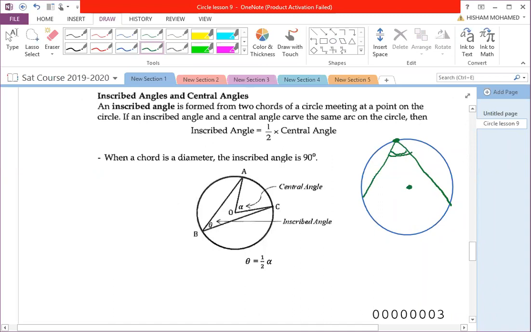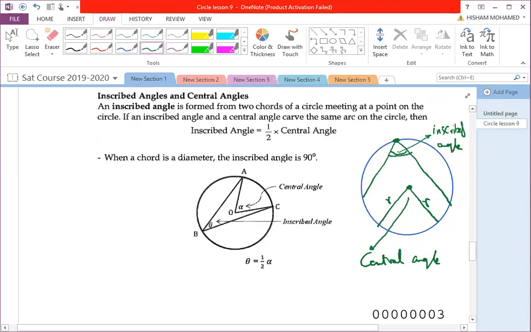But the angle that comes from the center of the circle and its two sides are two radii is called a central angle. So central angle is the one that comes from the center. Inscribed angle is the one that comes from the intersection of two chords, and its vertex lies on the circle.